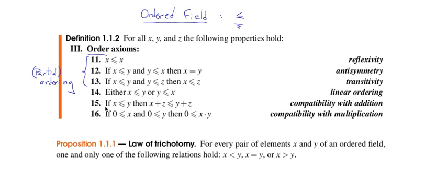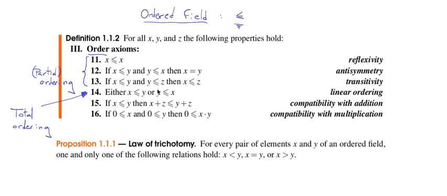And the fourth property defines the total ordering. It says that either x is smaller or equal than y, or y is smaller or equal than x. That means that every element in the set will be ordered. You can write them in order from the smallest to the greatest.